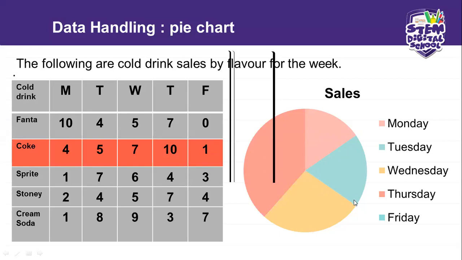There's a tiny line there. So that one is represented by Friday because only one cool drink was sold. Okay, thank you, grade threes. Let's go now to our next slide. That was our pie chart.